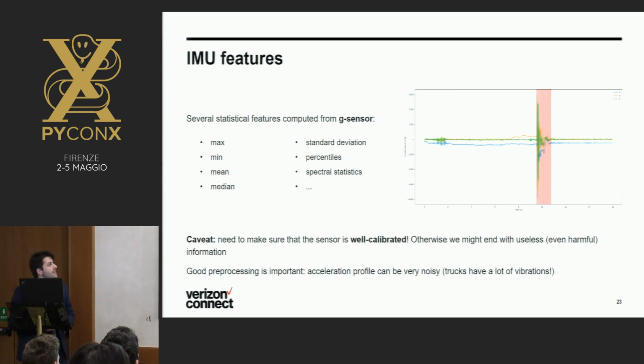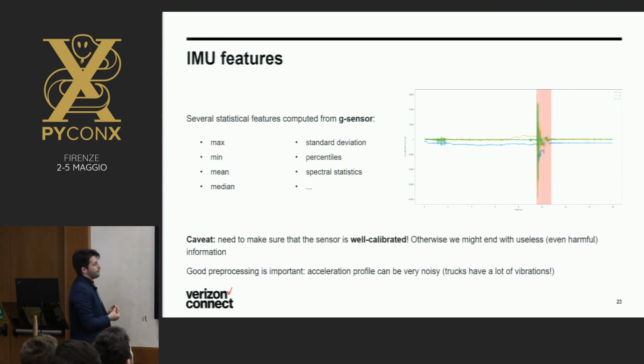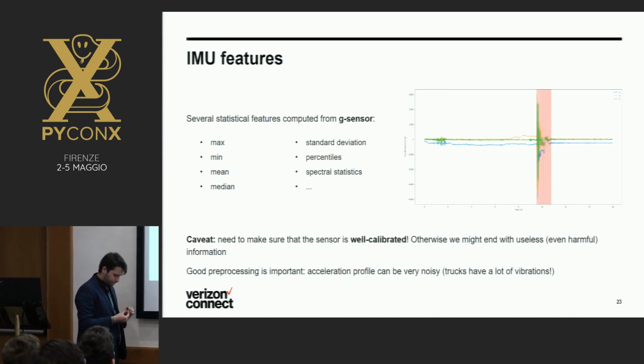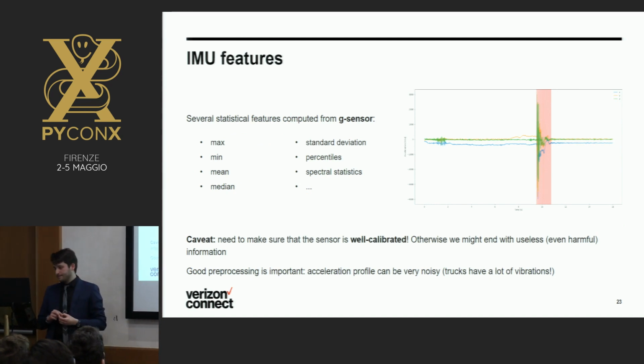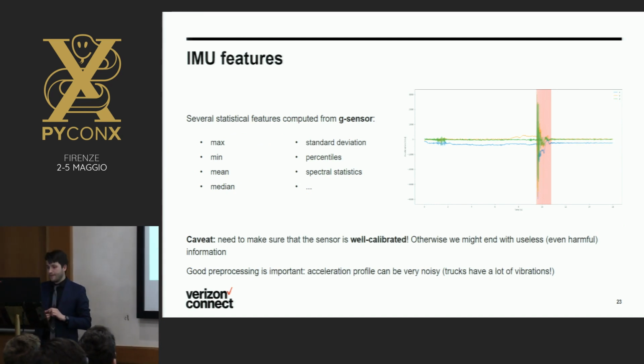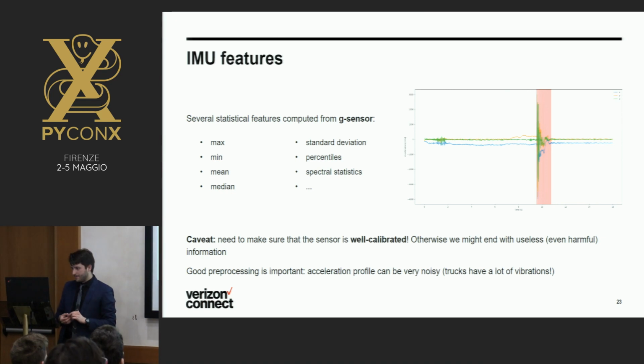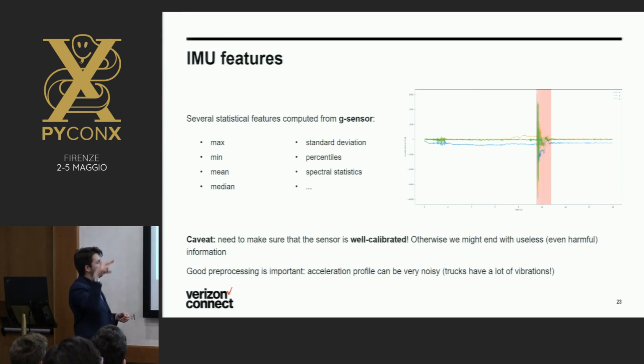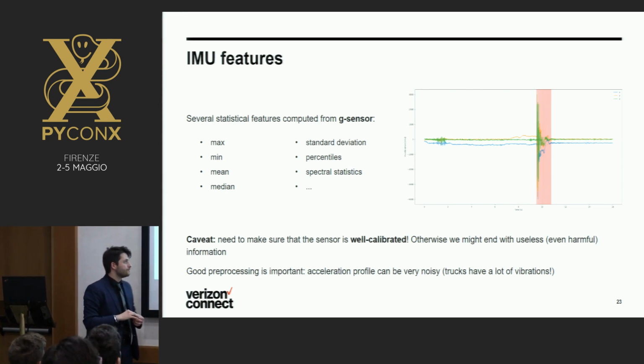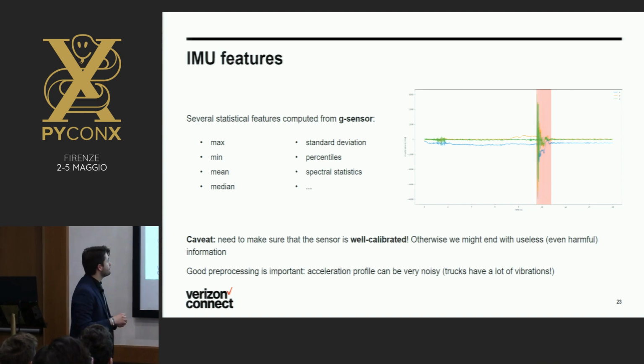As for the telemetry features, we had to perform an obvious preprocessing because real data are very noisy, in particular when having to deal with trucks which have a lot of vibrations. We noticed that the accelerometer went mad, so we had to perform smoothing and so on.